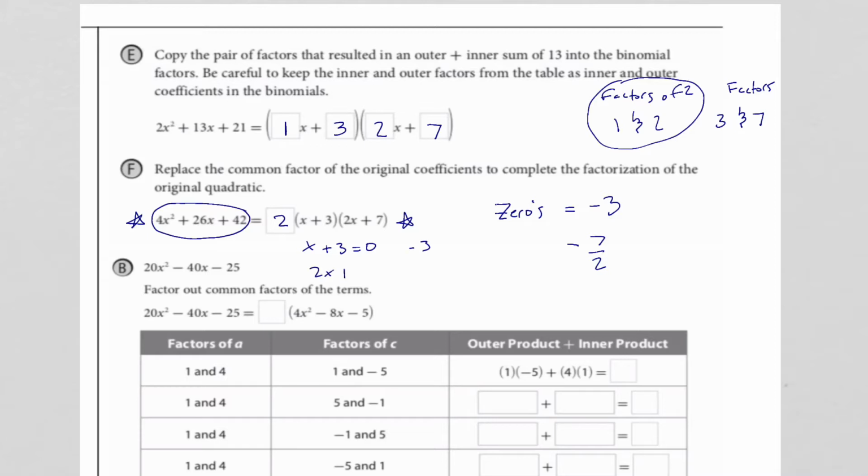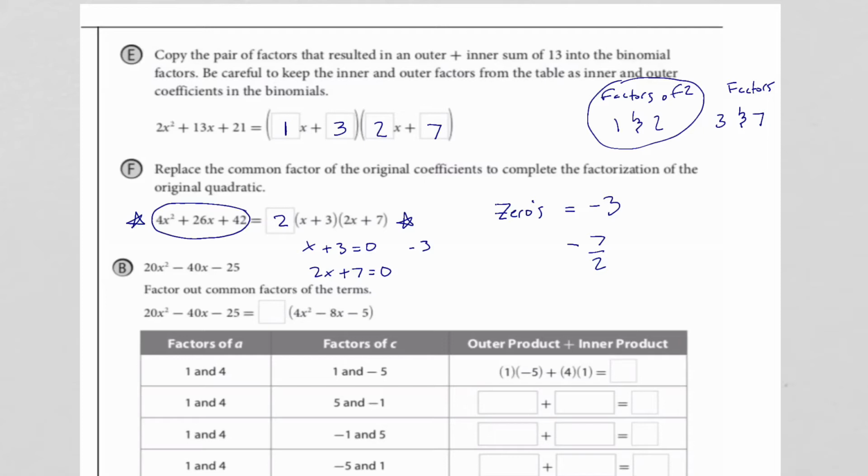And 2x plus 7 equals 0. You subtract 7 and then divide by 2. You're going to get a 0 at negative 7 halves. And fractions are numbers, folks. So some of these answers could be fractions. And in chapter 11, we're going to get to where some of these answers are not even real numbers. They're imaginary numbers. So we're going to get to that about 2-3 chapters from now.